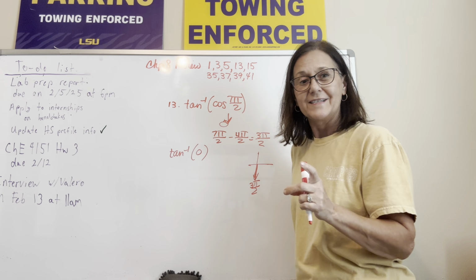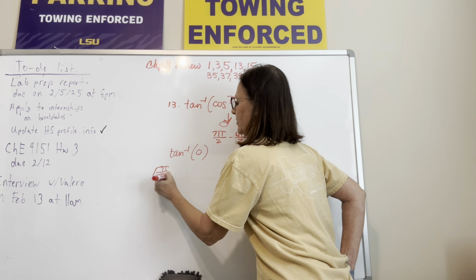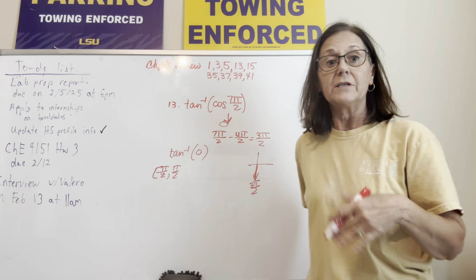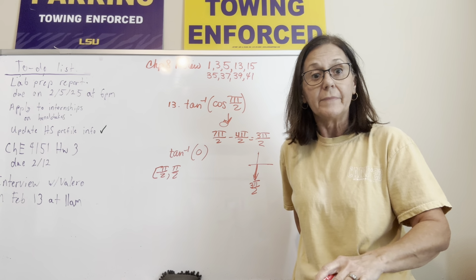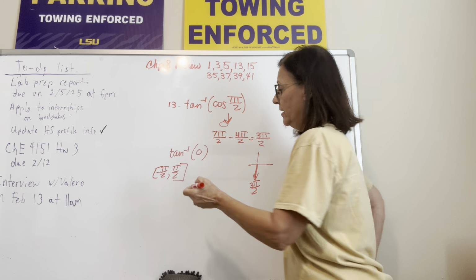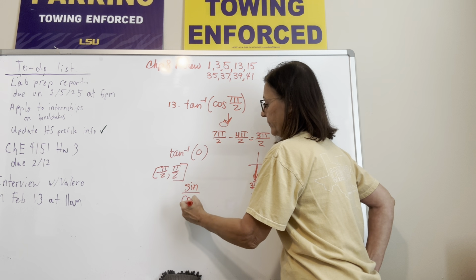Now, for inverse tan, we're going to be between negative pi over 2 and pi over 2. The only way that the tan can be 0 is if the sine is 0. The cosine cannot be 0, all right? So really I'm looking for where the sine is 0 because tan is sine over cosine.